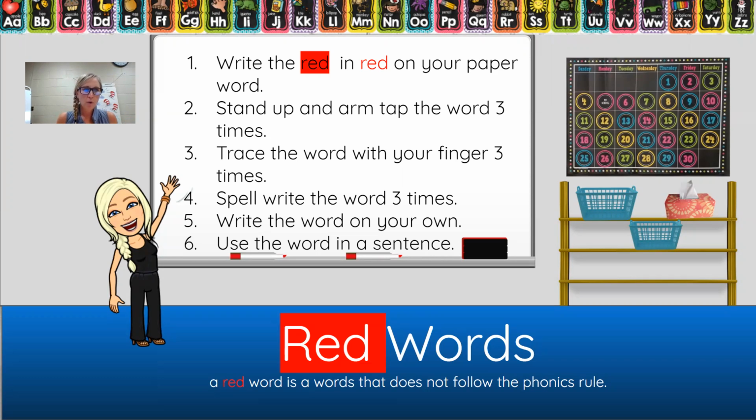For this activity though, we really don't want a whiteboard because we'll do some tracing. So you really need to have a red crayon or a red marker, and you need to have paper, okay? After we write the word, then we'll be standing up and doing some arm tapping. We'll be doing some tracing of the word. Then we'll spell the word 3 times. Then we're going to be spelling the word on our own and then writing the word in a sentence. I'm going to step you through that process.